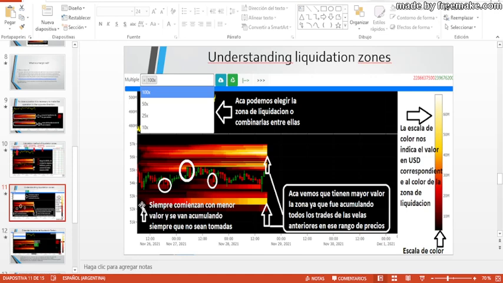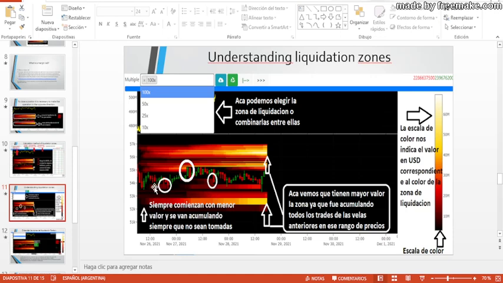The liquidation zones always begin at a little lower value, because they are accumulating candle to candle as long as they are not taken.